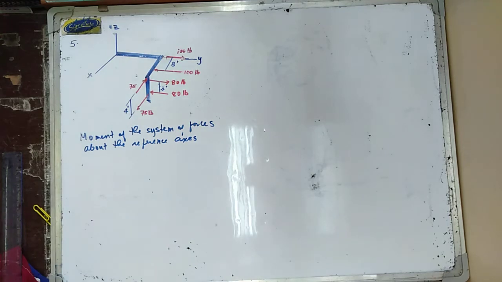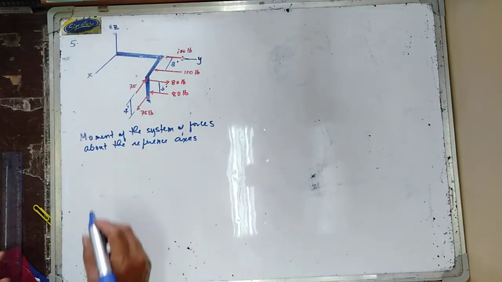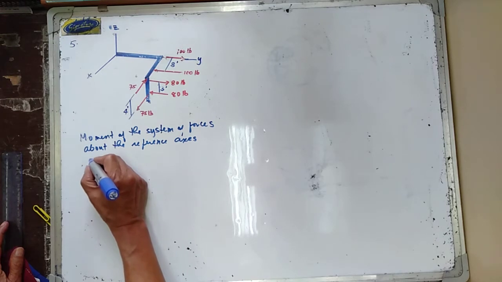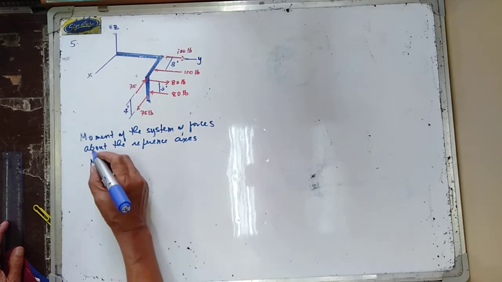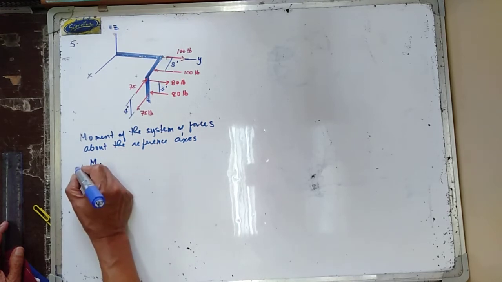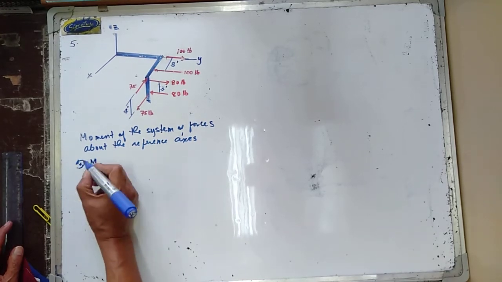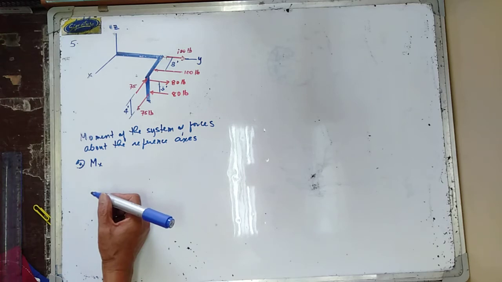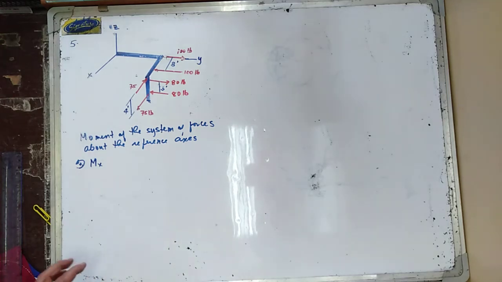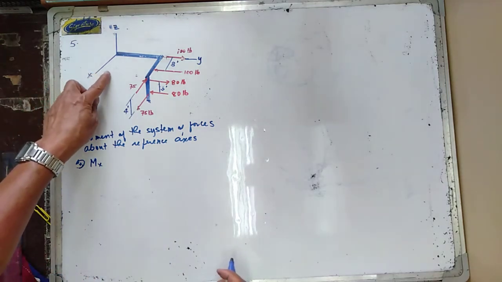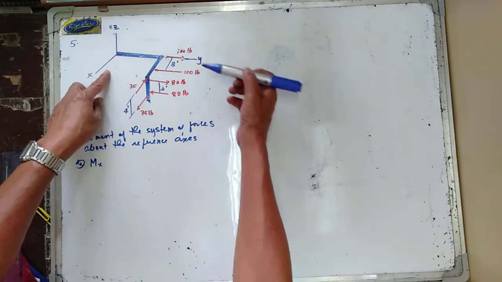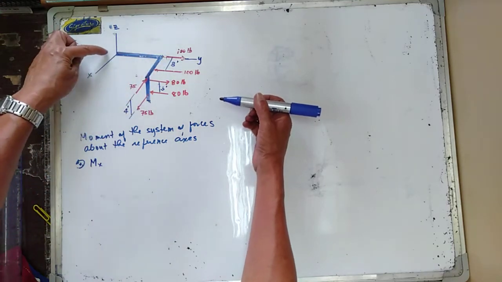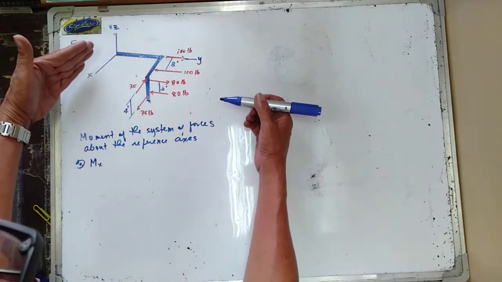First, let us get the moment about the x-axis, considering counterclockwise as positive. Take note that the 100-pound forces have no moment because they intersect the x-axis.